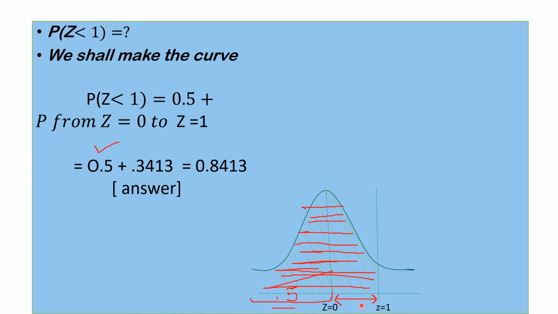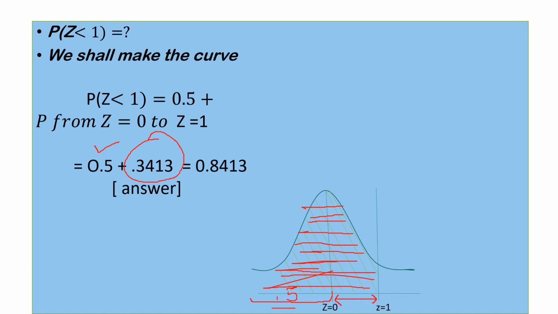Now this probability will be given to you in the question. The probability is 0.3413. So for the net answer, I write 0.5 plus 0.3413, which comes out to be 0.8413. I would like to mention that this value will be given to you in the question.